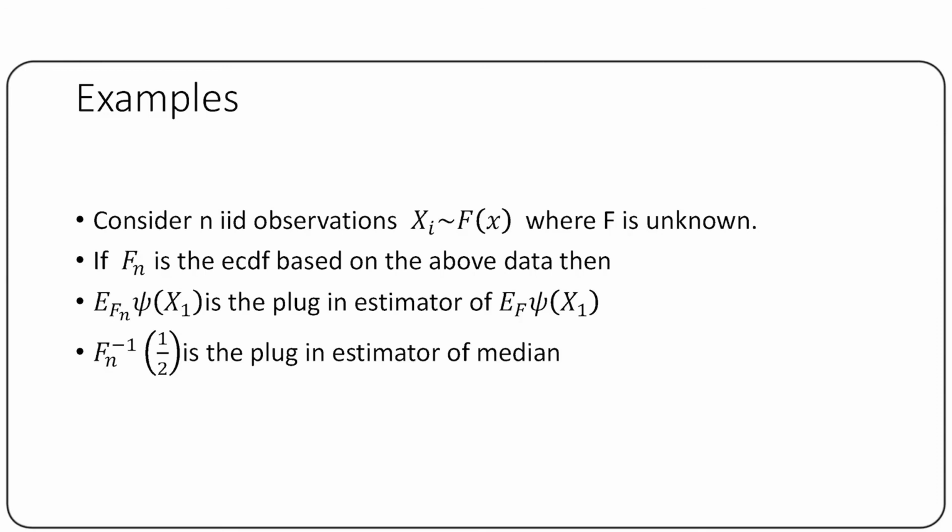Therefore, expected value of psi(x) under Fn is the plug-in estimator corresponding to the functional expected value of psi(x), and this expected value of psi(x) under Fn is nothing but the arithmetic mean based on psi(xi) values. As another example, Fn inverse half, that is, the sample median, is also the plug-in estimator corresponding to the population median.